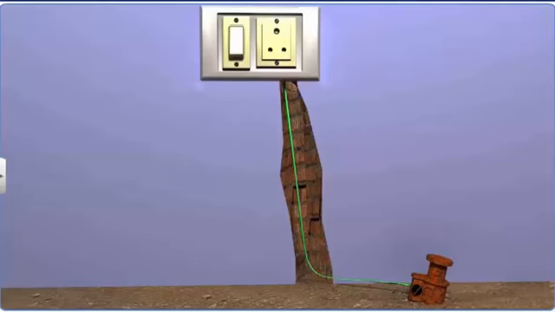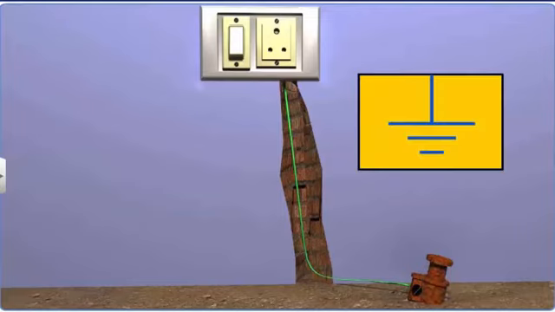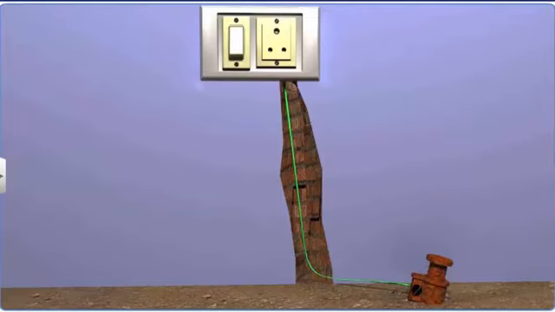All earth wires terminate in a thick metal plate buried deep in the earth. When a fault occurs or the live wire touches the metallic body of an electric instrument, the charge immediately and safely flows into the earth because of the earth connection through the earth wire. This prevents damage to human life and property.